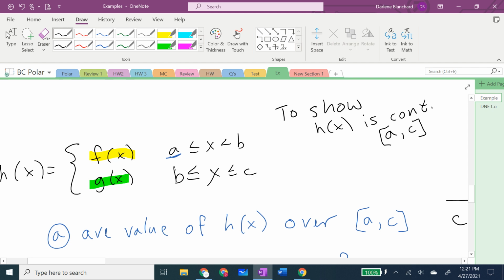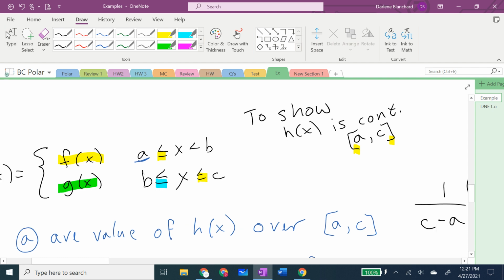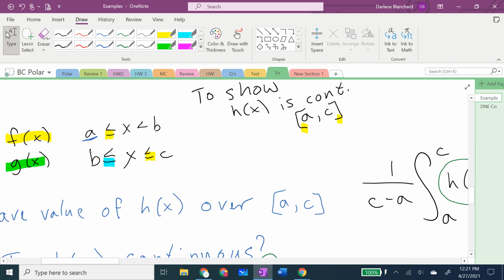closed interval, I want to point out that I do have an equal to sign at the a, I have an equal to sign at the c, endpoints are included. With b, the equal to lies with the g function. But you need to know the definition of continuity at a particular point.